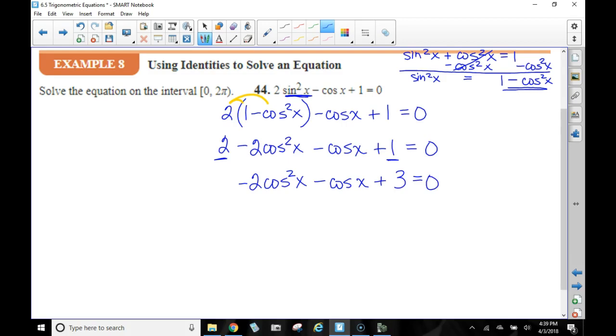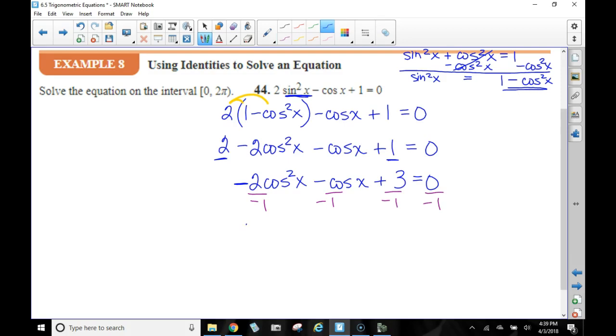All right, now in any quadratic equation, I am not a huge fan of having a negative lead coefficient. And we don't have to deal with that. We can get rid of that negative coefficient by either multiplying or dividing both sides by -1. Really, I'm going to look at dividing each term by -1. I can totally do that legally.